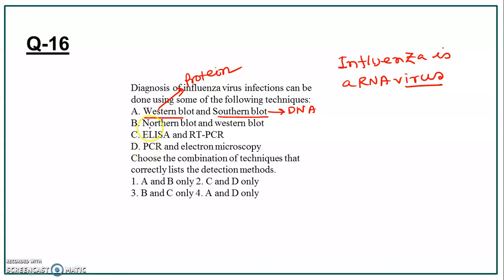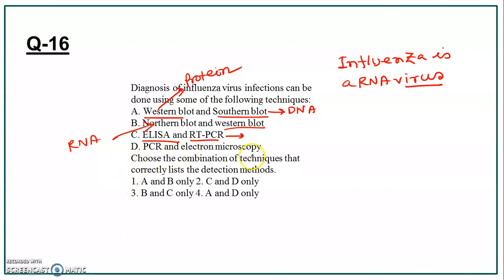Northern blotting can be used for RNA. ELISA is antibody based; we can detect serum antibody or antigen level by the ELISA method. RT-PCR is reverse transcription PCR, and real-time PCR can also be used.